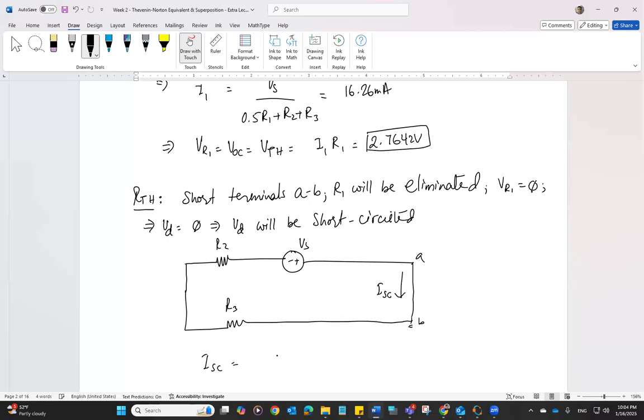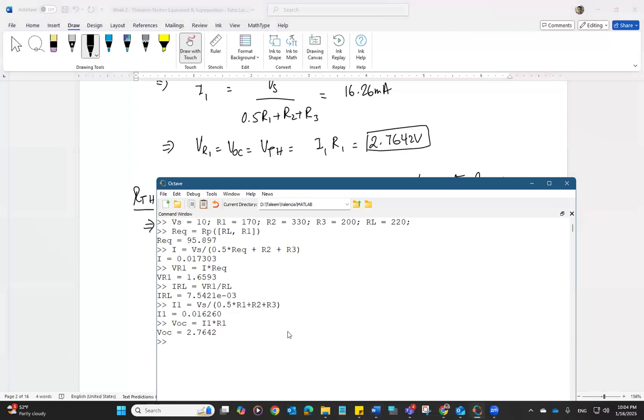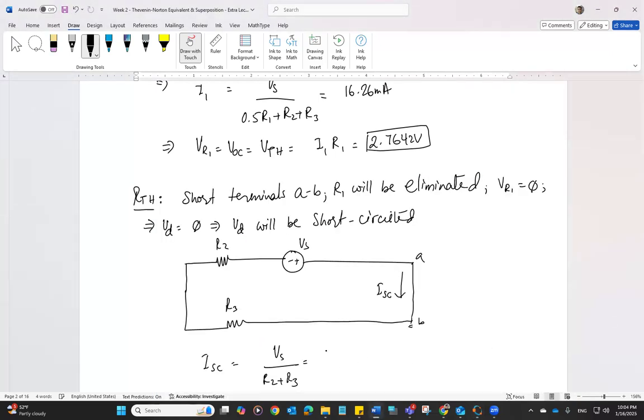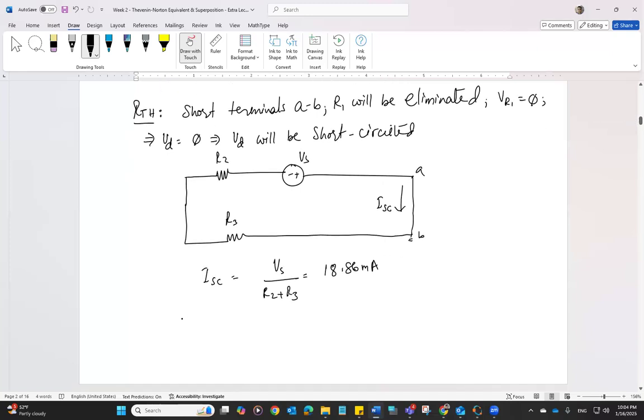So the short circuit current, simply using Ohm's law, is VS over (R2 plus R3). 0.018868 or 18.86 milliampere.